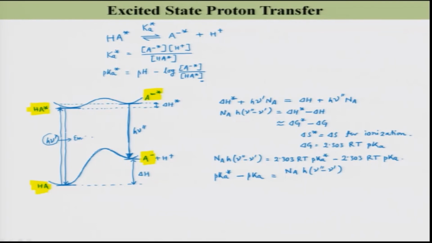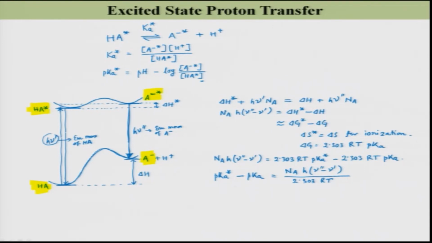So, H nu prime is the emission maxima of HA, and this is the emission maxima of A minus. So, then this will be equal to Avogadro number H times nu double prime minus nu prime by 2.303 RT.